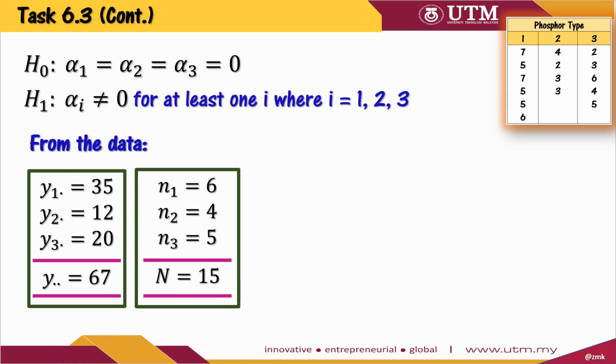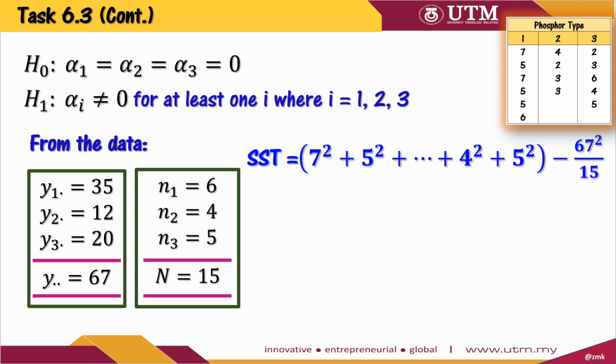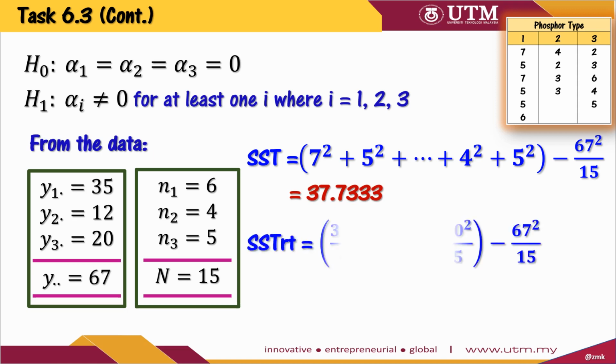Next, you can calculate the sums of squares using the available formula. First is the total sum of squares SST given by the sum of all squared observations minus the grand total squared over the capital N, giving you a value of 37.7333. Second is the treatment sum of squares SSTRT given by the sum of level total squared divided by the corresponding level sample size minus the grand total squared over the capital N, giving you a value of 20.9.